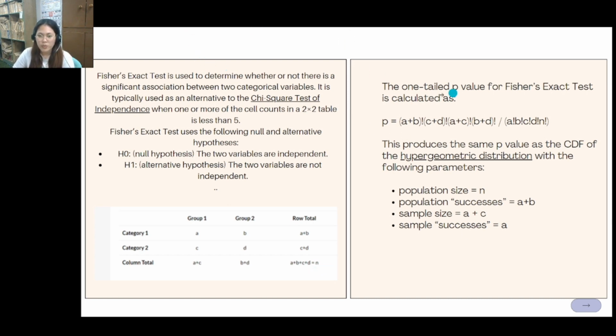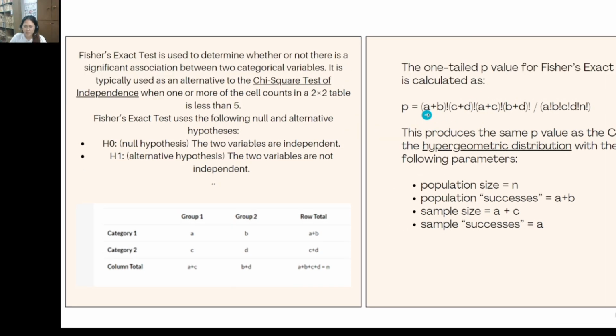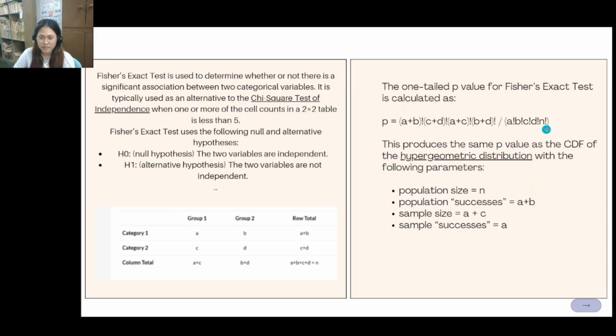Okay, the one-tailed p-value for Fisher's exact test is calculated as p is equal to (a plus b) factorial (c plus d) factorial (a plus c) factorial (b plus d) factorial divided by a plus.